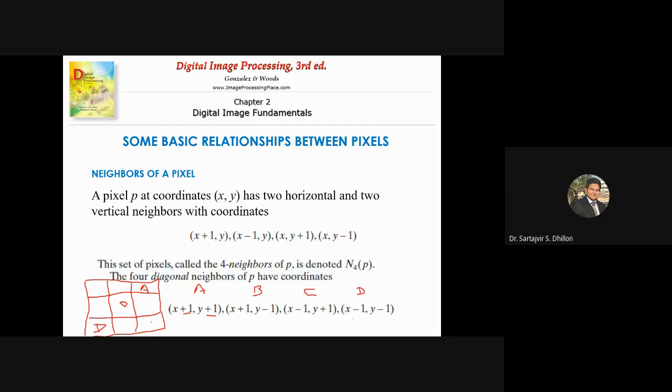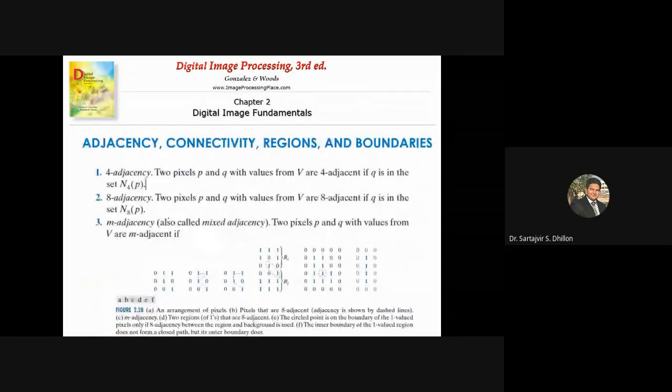And this one is represented as B, in which the x is adding but the y is subtracting, and this one is C. So hopefully you can get the location of these four variables, A, B, C, and D. And similarly you can also do it for these four pixels at those four particular points. So there are two types of nearest neighbors of a pixel: at a diagonal location, or a horizontal or vertical location. And hopefully you are able to get this point.